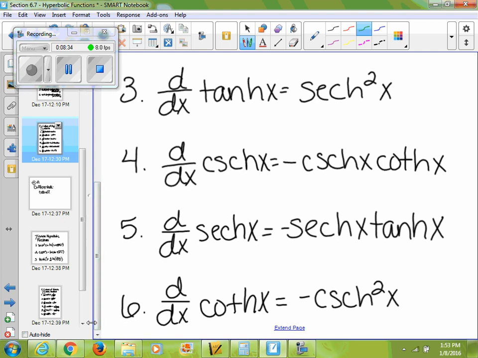Or number 3, when deriving the hyperbolic tangent function in terms of x, you get the hyperbolic secant function squared. When deriving the hyperbolic cosecant function in terms of x, you get negative hyperbolic cosecant of x, hyperbolic cotangent of x.